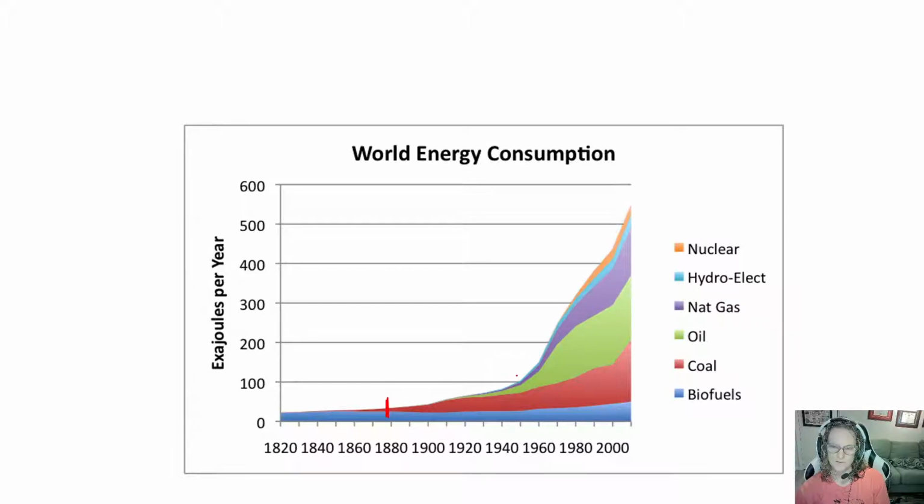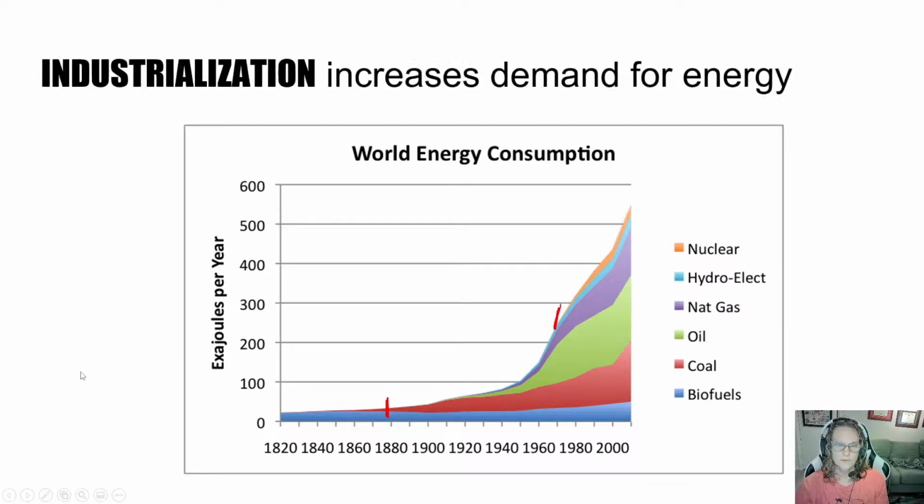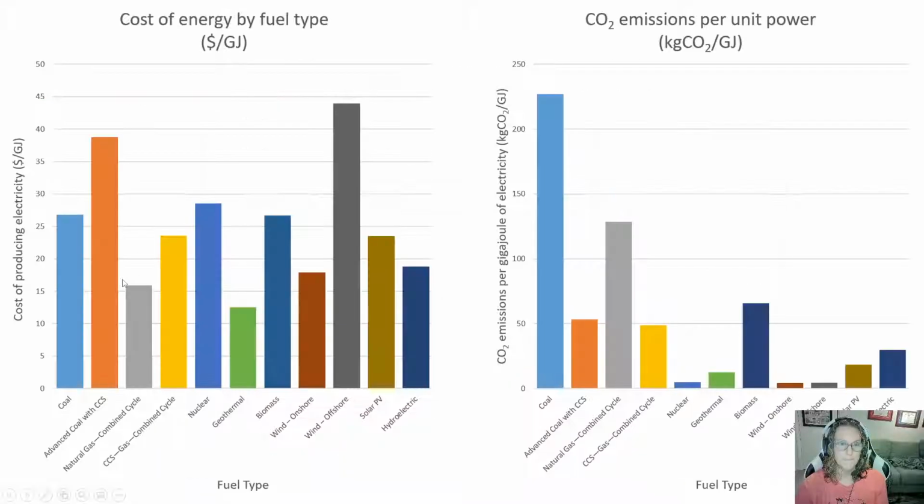And then we start looking at hydroelectric. And then we started messing around with nuclear in the mid-60s. So, as we industrialize, we increase our demand for energy. So as those developing countries industrialize, they also will increase their demand for energy.